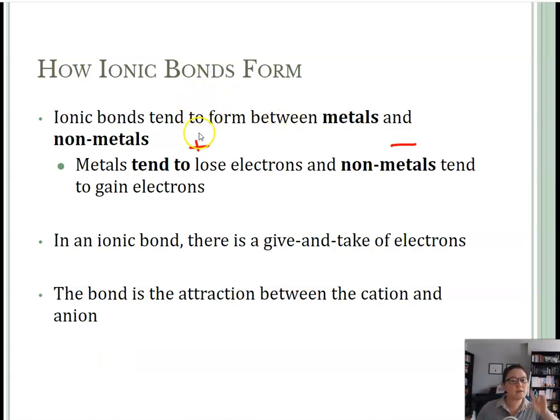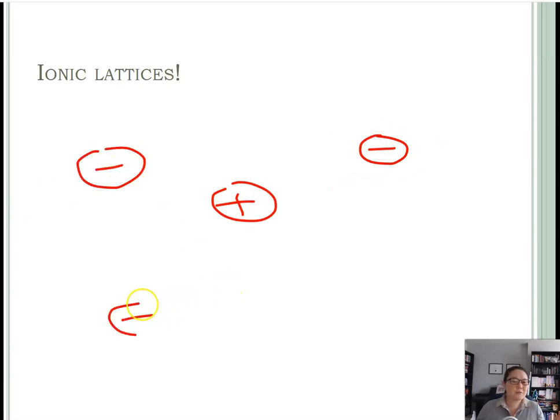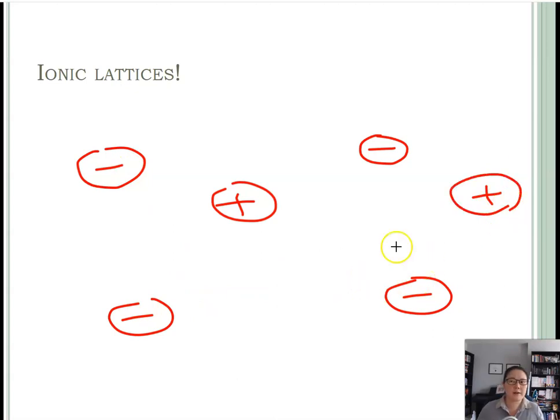Because an ionic compound is formed by the attraction between positively and negatively charged ions, they aren't going to pair up 1-to-1 or 1-to-2 or anything like that. An attraction is going to happen with many at the same time.